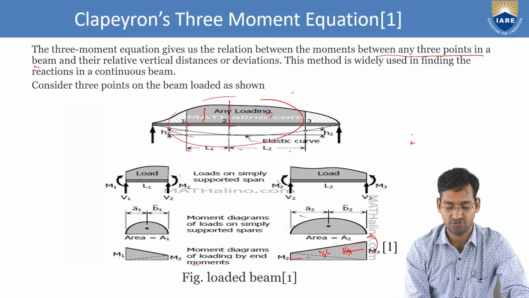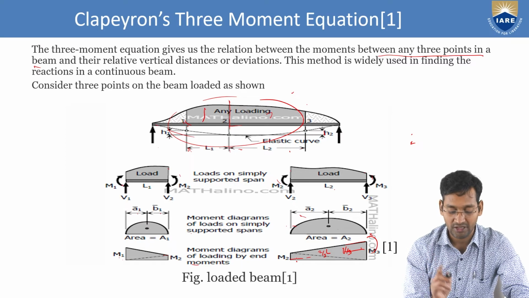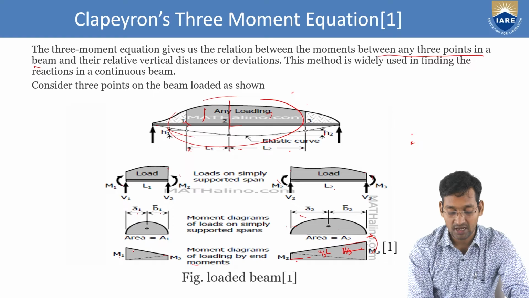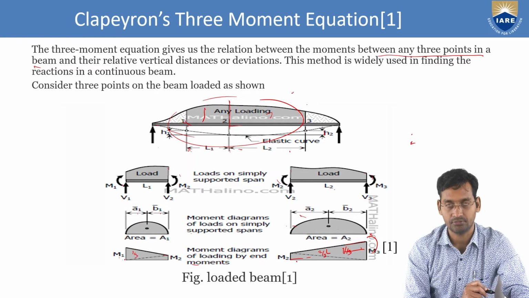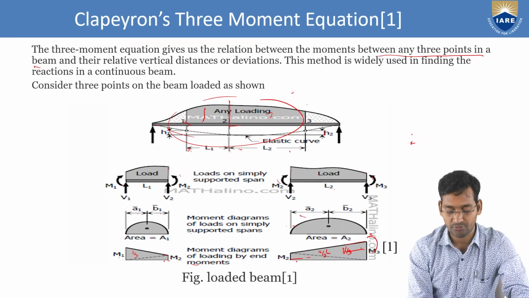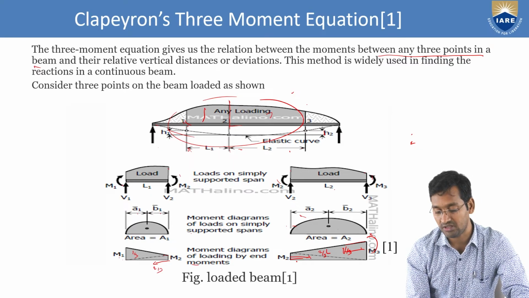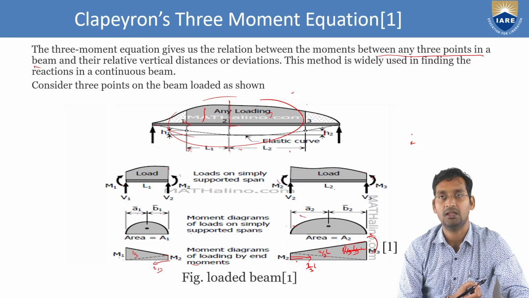Moment diagram equation M1, M2, M3, then M2. Where will it act? From this side, it will act at 1 by 3 distance of L, so from this side it will be at 2 by 3 L. Similarly for this M2, it will act at 2 by 3 L, because from this side we are taking, so from this side at 1 by 3 L it will act.